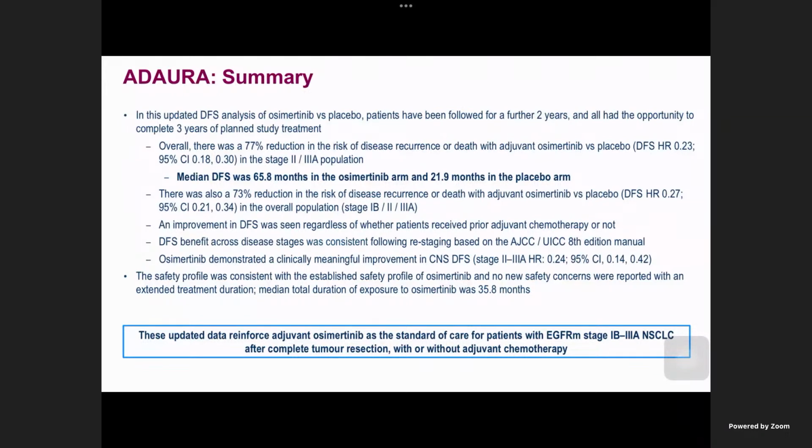So these data reinforce adjuvant osimertinib as a standard of care for patients who have EGFR mutation in the adjuvant setting in stage 1B to 3A who have undergone complete tumor resection with or without adjuvant chemotherapy.